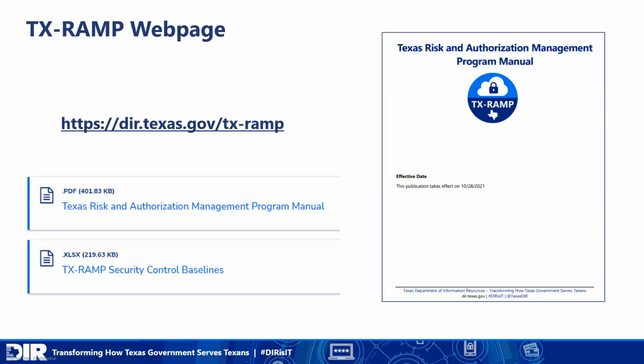So the program manual, just a reminder as always, if you have questions relating to what is in scope, what is out of scope, we have set forth some direction within the program manual regarding which cloud services require certification, as well as how to evaluate a cloud service for what the minimum certification level is. We've gotten several questions around, is this applicable or is this in scope? And DIR doesn't really have the full context that the agencies have in that regard.